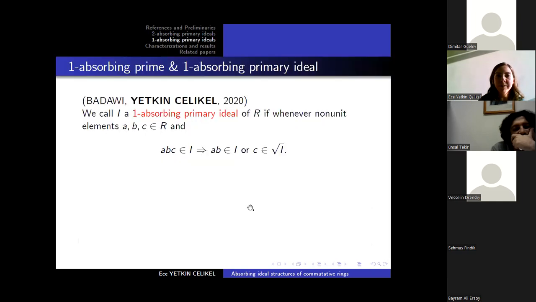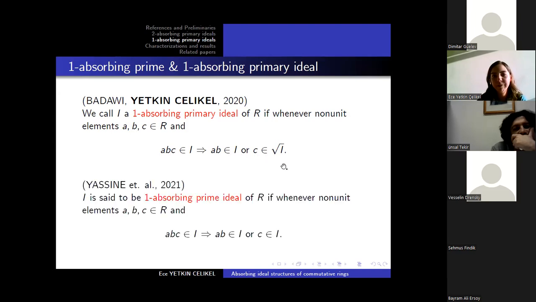Okay. So now, as recent research with Badawi, this year, we call I a one-absorbing primary ideal. This is a subclass of two-absorbing primary. If you have nonunit elements a, b, and c, whose multiplication belongs to I, then it implies ab belongs to I or c belongs to the radical.